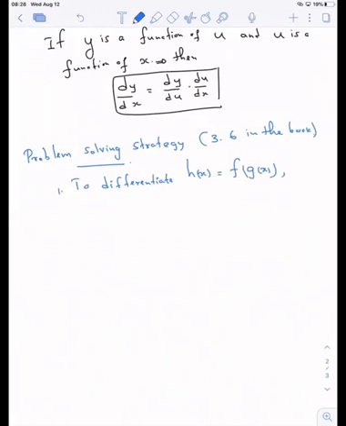First is identify f(x) and g(x). So that is the first thing. First you need to identify what is f(x) and what is g(x). And then once you identify those, second part is find f'(x) and g'(x), because once you identify the two functions separately, you should be able to differentiate those two separately.